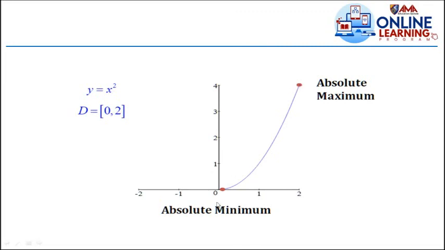If you can recall, a solid dot means that is the point included for a continuous function. So solid dot, hence absolute maximum and absolute minimum. If x is equal to 2, your y is equal to 4. So that's our limit.